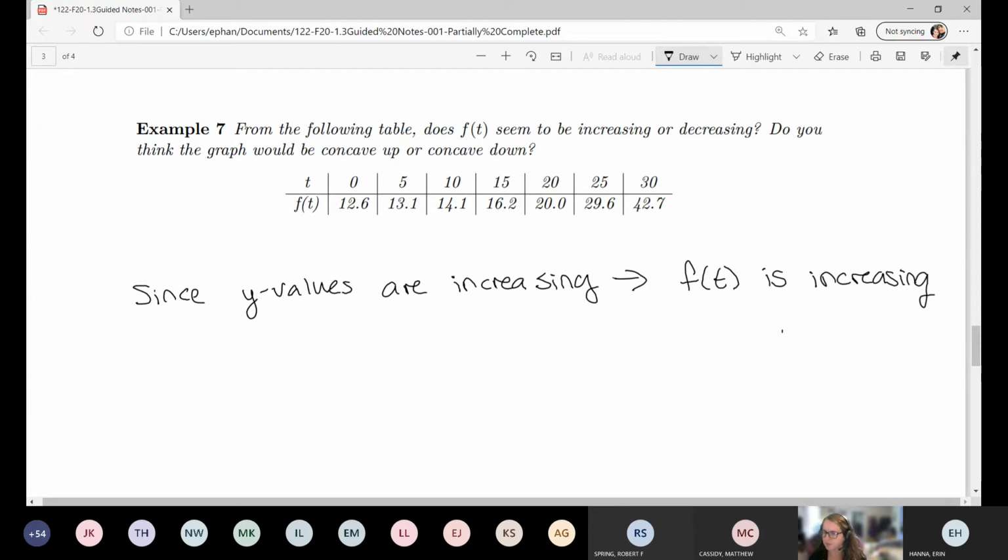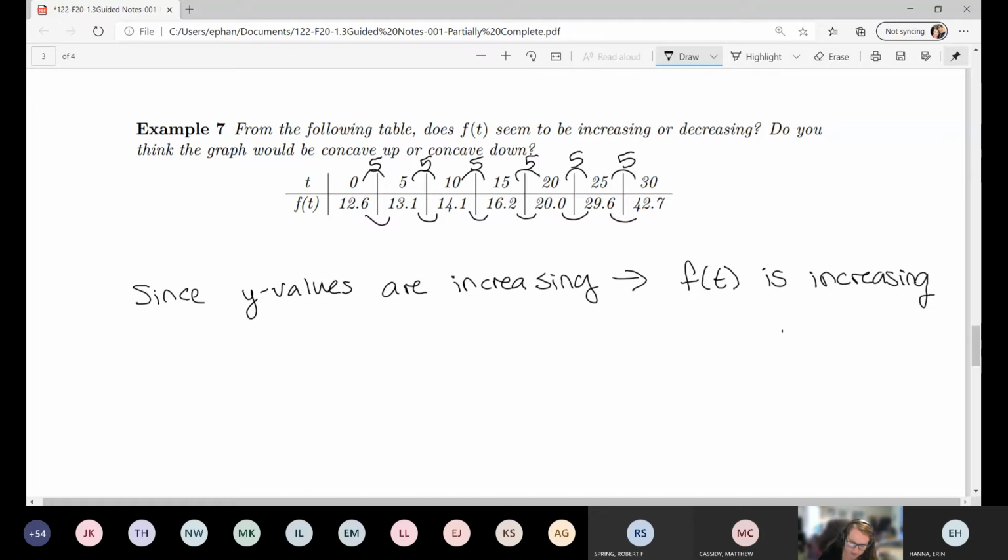That's again where it gets a bit harder to see, and we have to do a bit more work here. Let me start looking at the slopes. Just like we were doing in the warm-up, let me find our change in x's and our change in y's. Well, change in t's, I guess. But anyway, all of these are increasing by 5, so that's super nice.